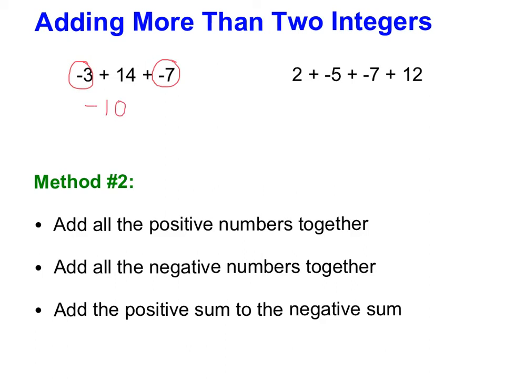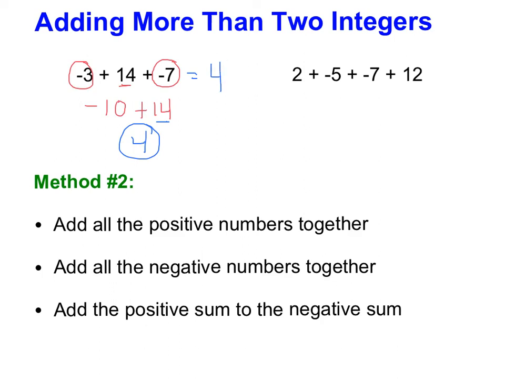And then I have only one positive number, so I'm going to write it here. And because they are different signs, I'm going to subtract, and the 14 is larger, so the answer is positive 4. So the answer is the same as when we did it on the previous page with method number 1.